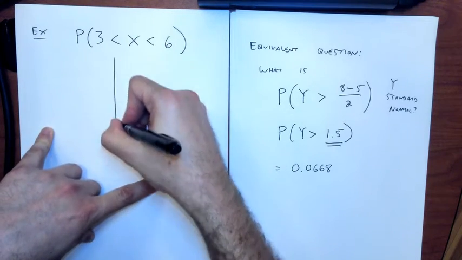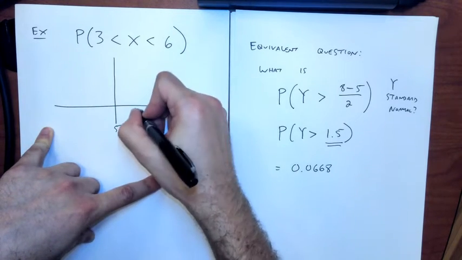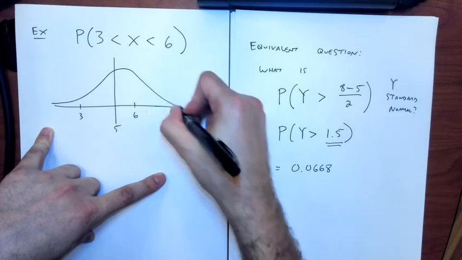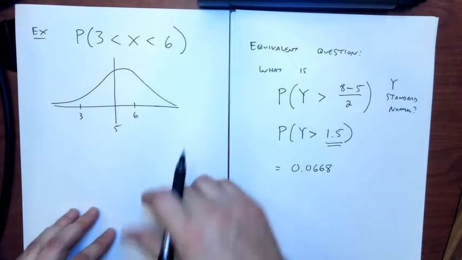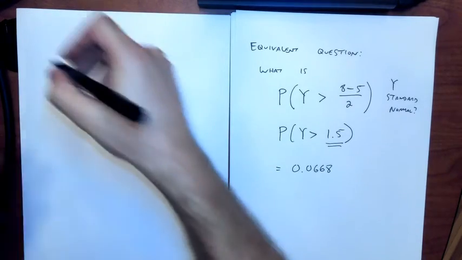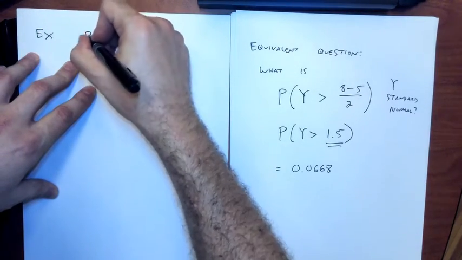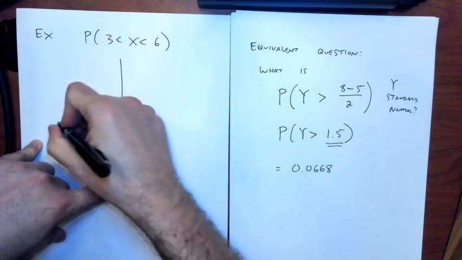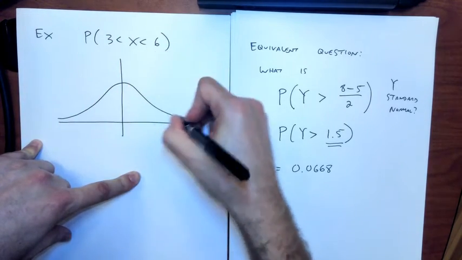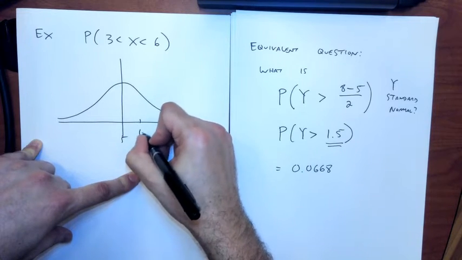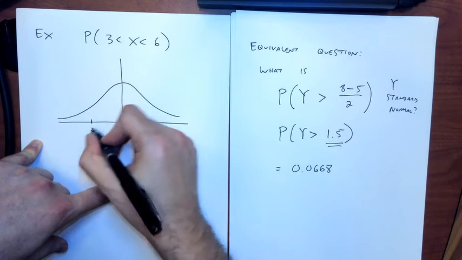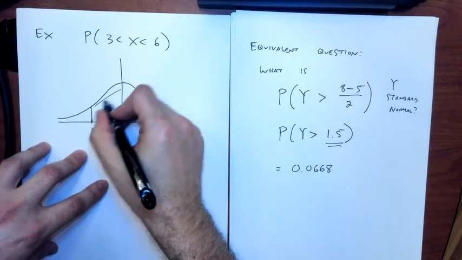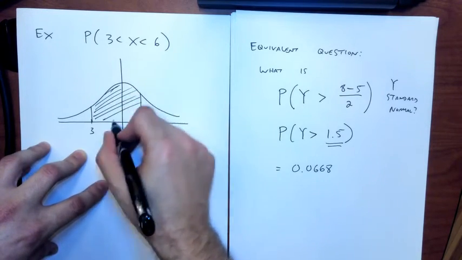Remember, my mean is 5, and I want to know the probability that I am in this range. First, I should draw this. Then I'm going to say, here's 5, here's 6, here's 3. And I want to know the probability that I'm inside this region here.